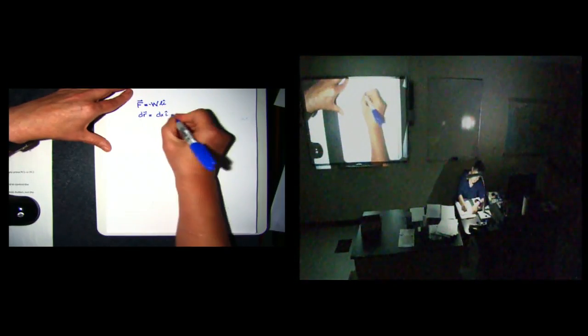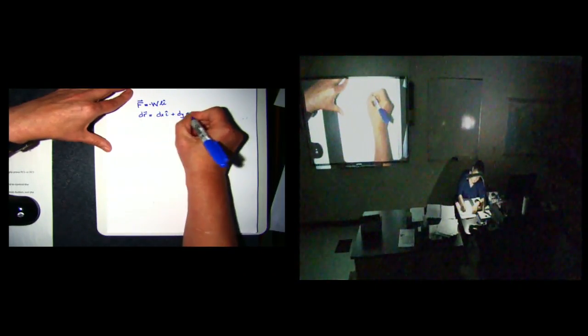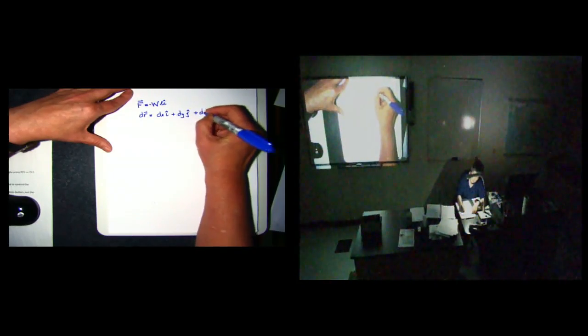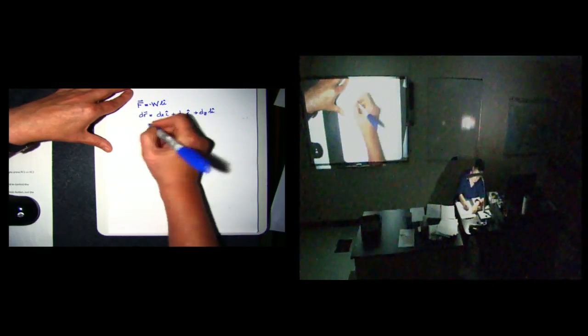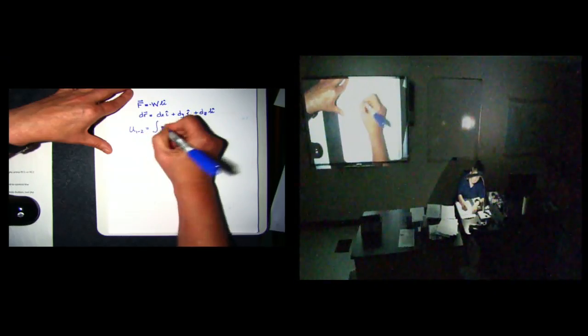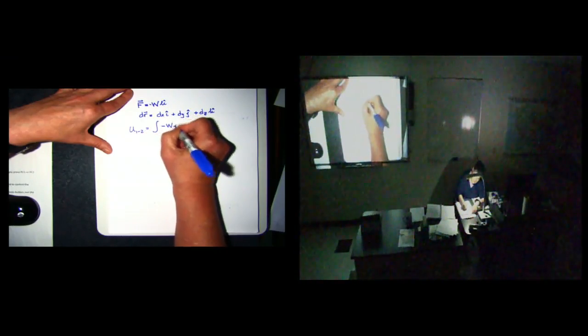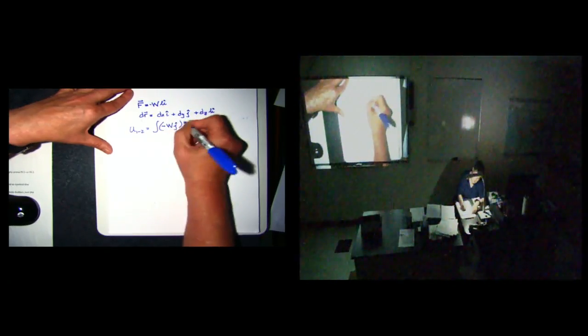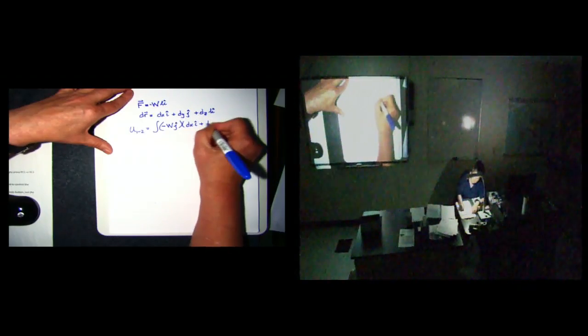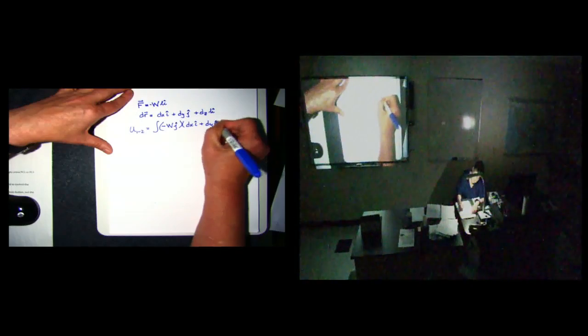So then my U12 becomes my integral of minus W, and I did this in terms of Z. Looks pretty familiar.